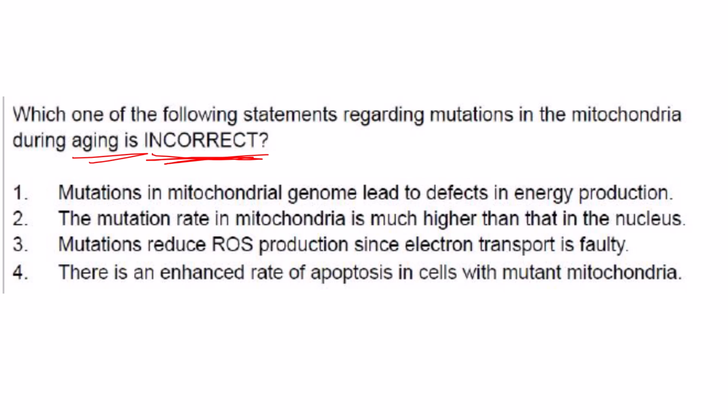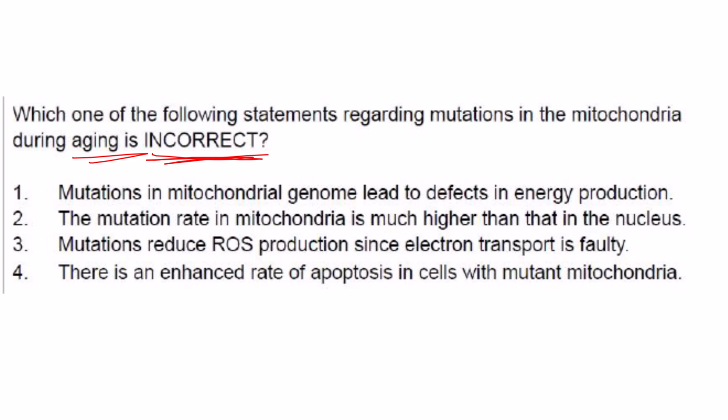So mutations in the mitochondrial genome can lead to defects in energy production. That is correct. Then, mutation rate in mitochondria is much higher than that in the nucleus. Yes. There are limited DNA repair mechanisms in mitochondria when compared to that in the nucleus.